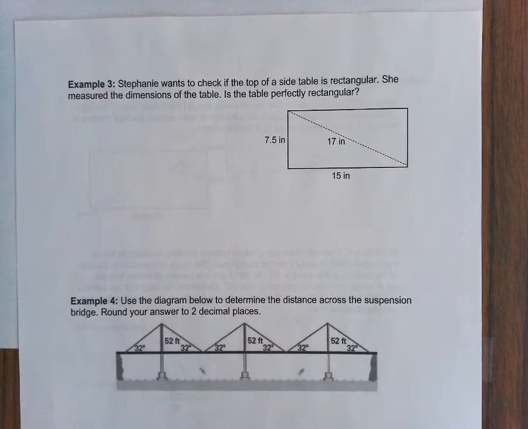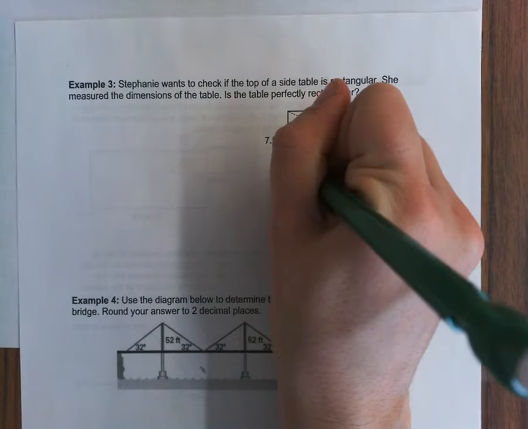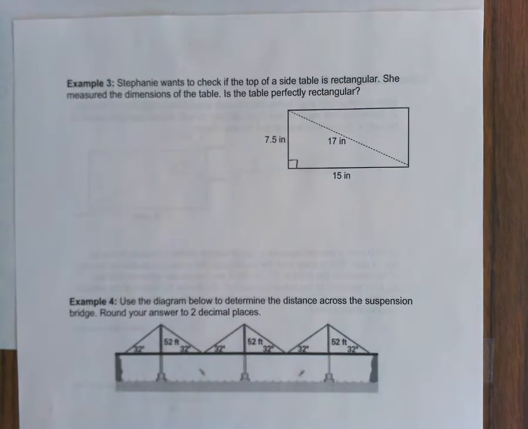Example 3 says Stephanie wants to check if the top of a side table is rectangular. She measured the dimensions of the table. Is it perfectly rectangular? In this case, if it's perfectly rectangular, it means that this angle should be 90 degrees.